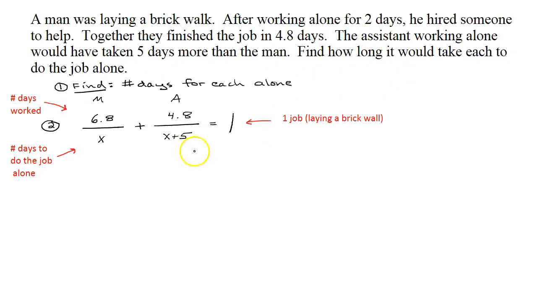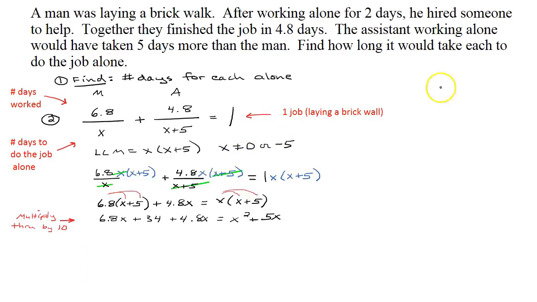Okay, so now I need to find my LCM for step 3. My LCM is going to be X times the quantity X plus 5. And from that, I can tell that X cannot be 0 or negative 5. So let's solve the equation. So we clear our fractions here by multiplying through by the LCM, do our canceling, and this is what's left.